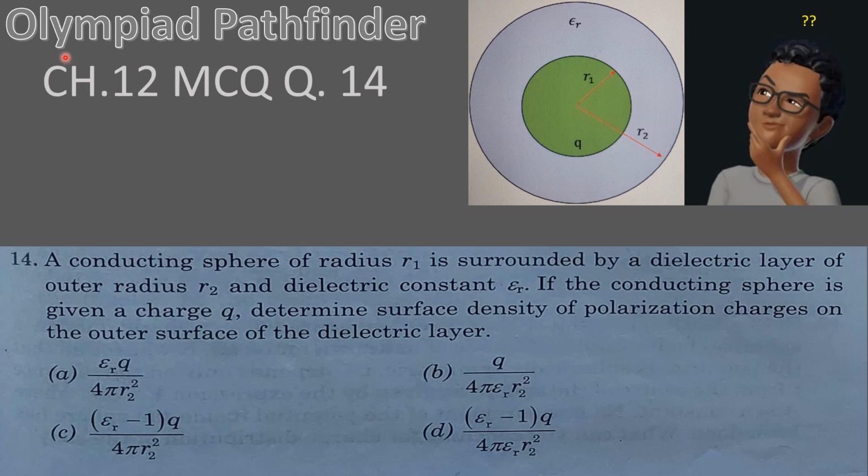Hi everyone, this question is from Olympiad Pathfinder Chapter 12, multiple choice question number 14. The question is, a conducting sphere of radius r1 is surrounded by a dielectric layer of outer radius r2 and dielectric constant epsilon subscript small r.